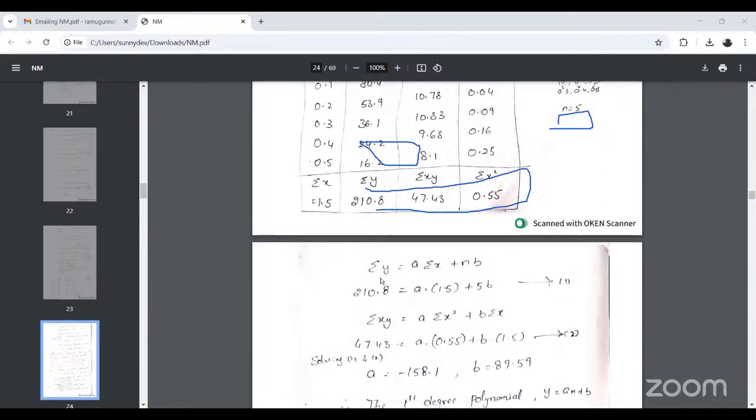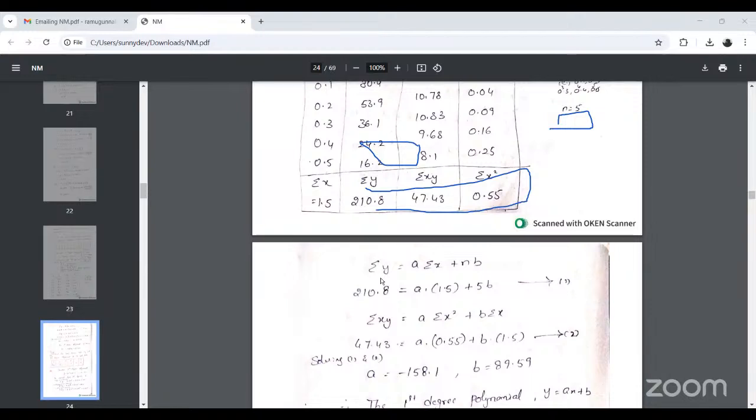And next, one more topic will be there: curve fitting. Curve fitting is also very important. That is least squares. The topic is in the fourth unit.